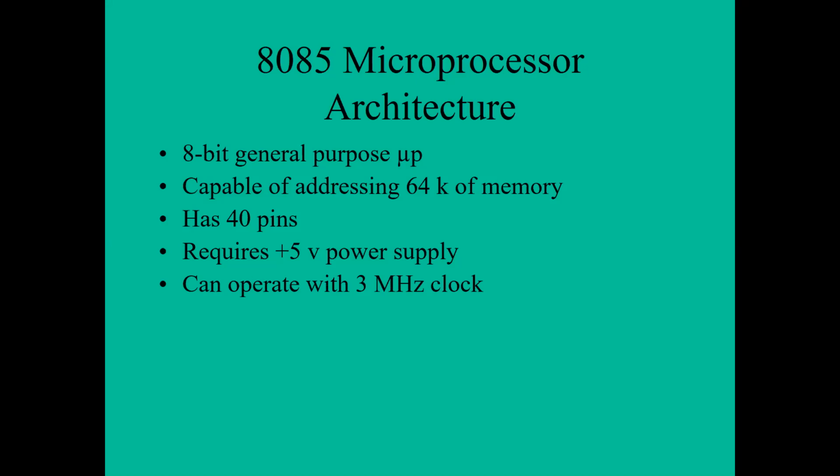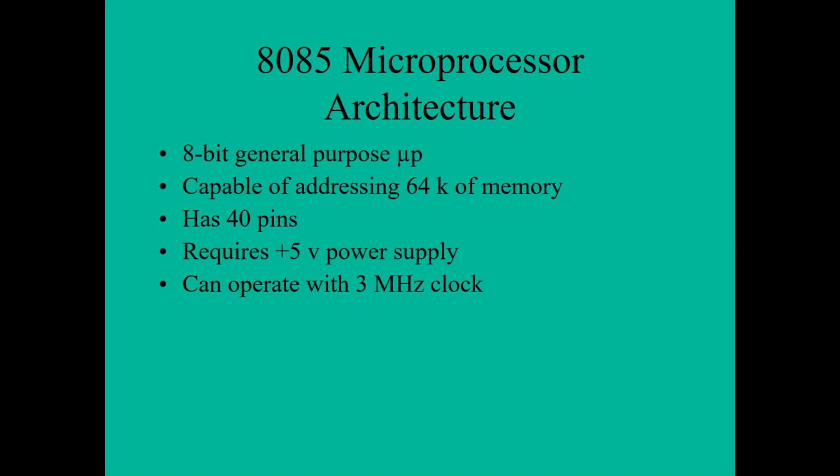Now after the 8085 was invented, depending on the advancement of technology, an 8085A version or an 8085 AH version became available. The architecture of all these microprocessors is the same, only the difference is in the frequency.